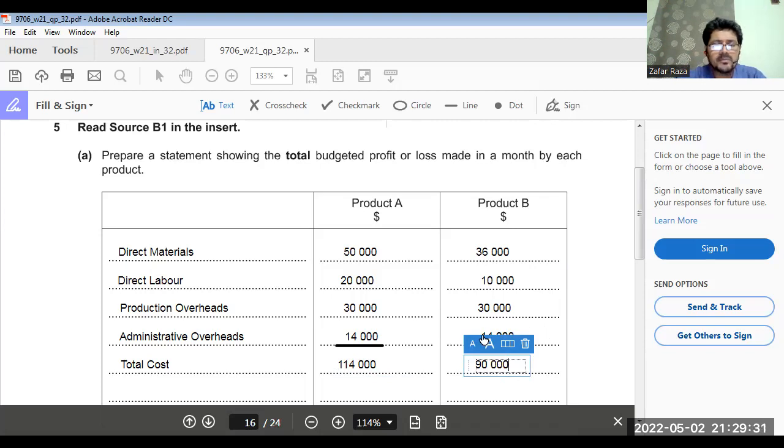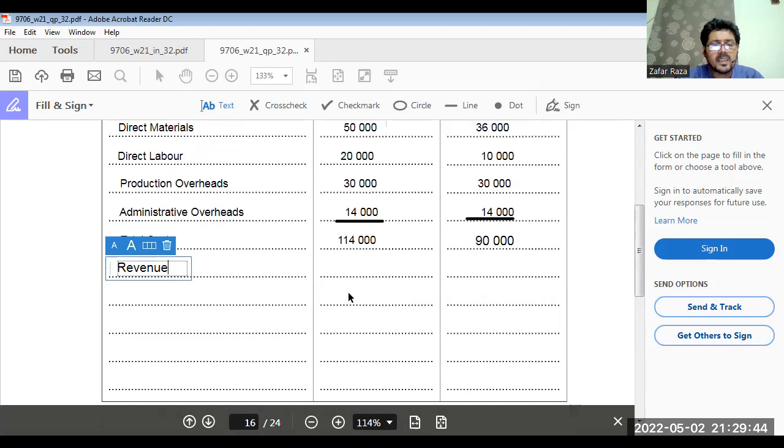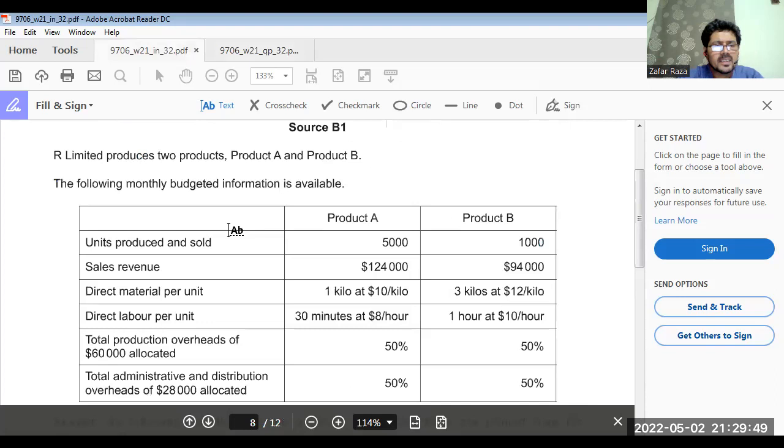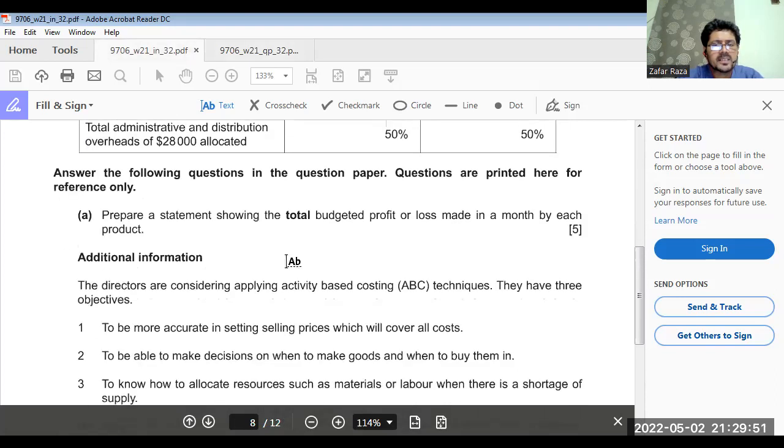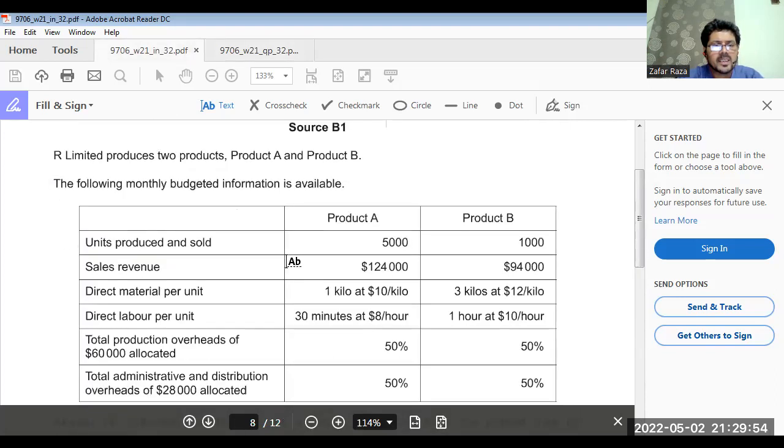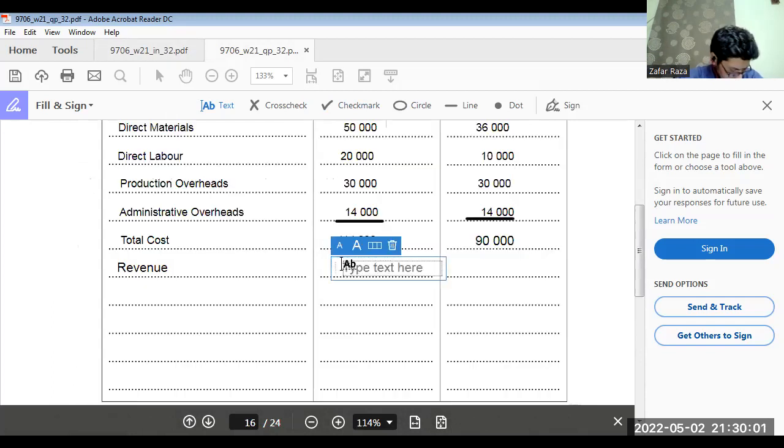Now move to sales revenue. Sales or revenue, whatever you write. Revenue means 5,000 units of A. What is the selling price? Total sales revenue is given: $124,000, and here $94,000.